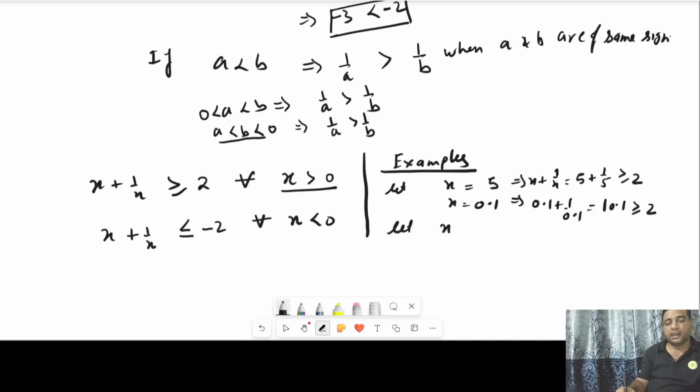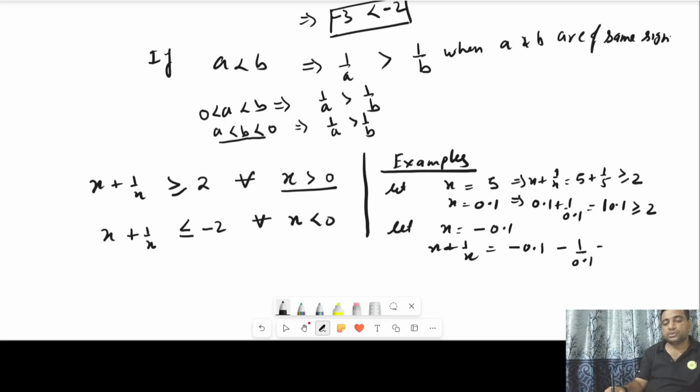Let me take x as a negative real number, minus 0.1. So x plus 1 upon x becomes minus 0.1 and minus 1 upon 0.1, so it is minus 10.1, which is less than or equal to minus 2.